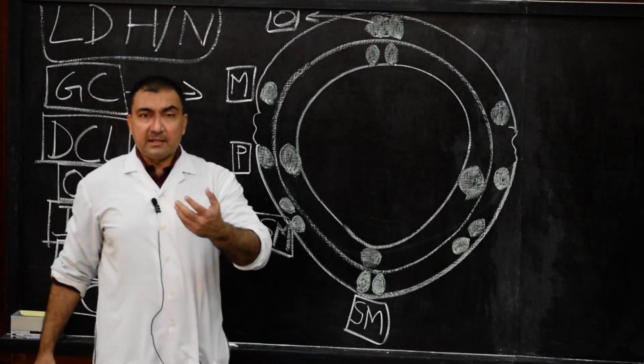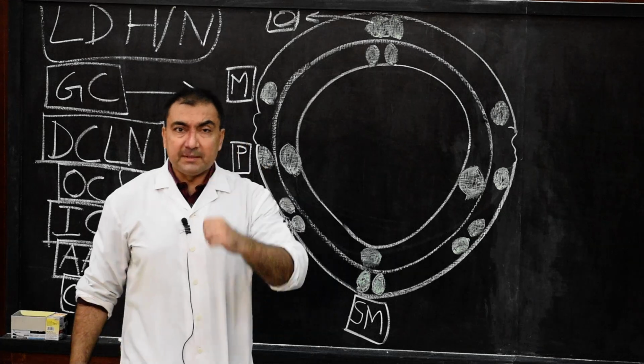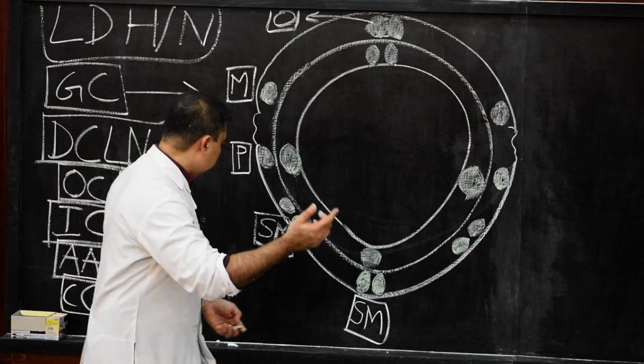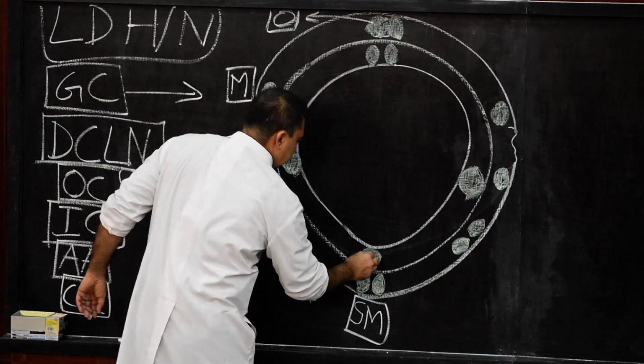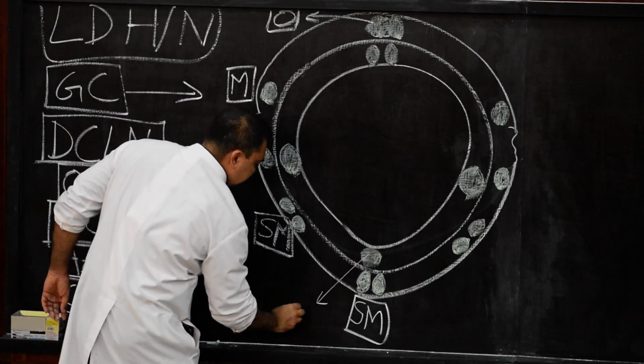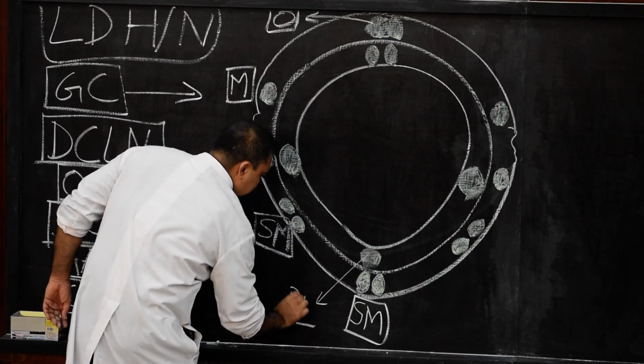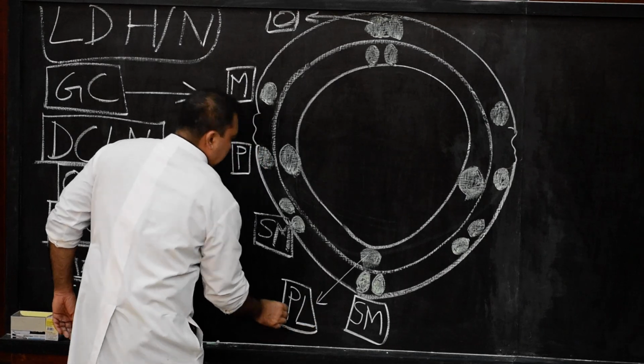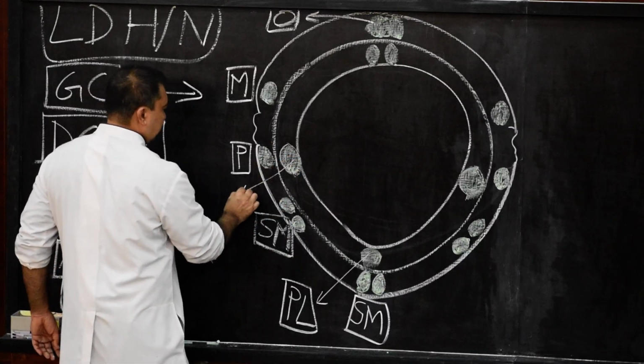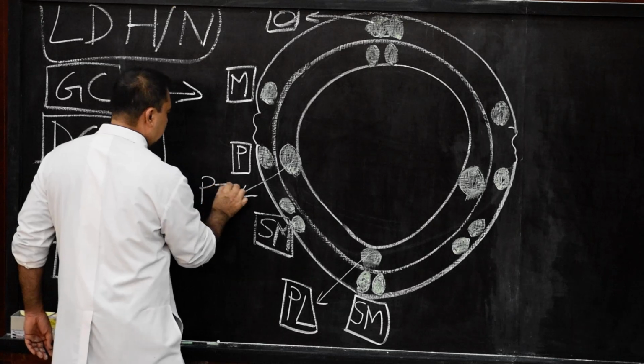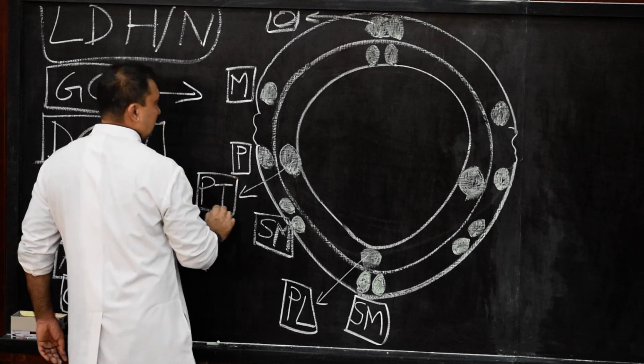They are at the start of the alimentary and respiratory passages, the inner group, so now we will mention them. We can mention this as the pre-laryngeal group, also the pretracheal group. Here this is the paratracheal lymph nodes.